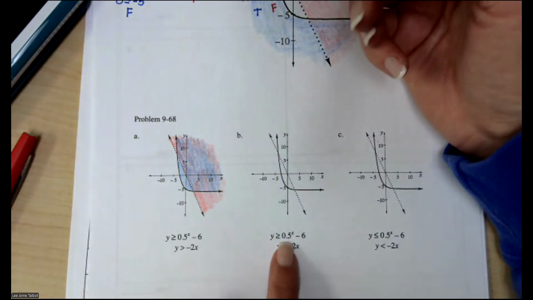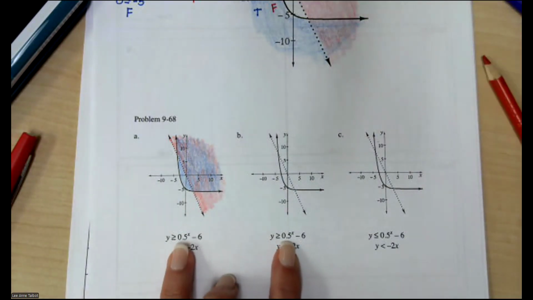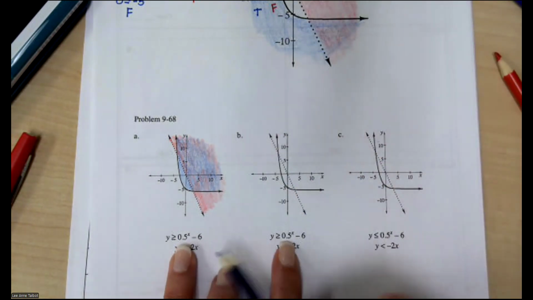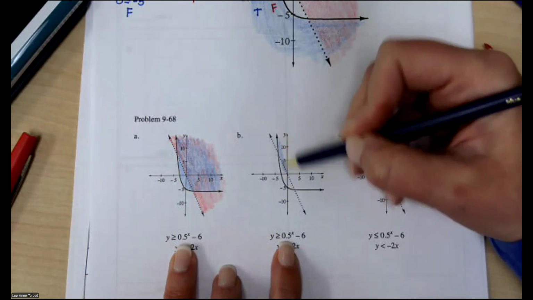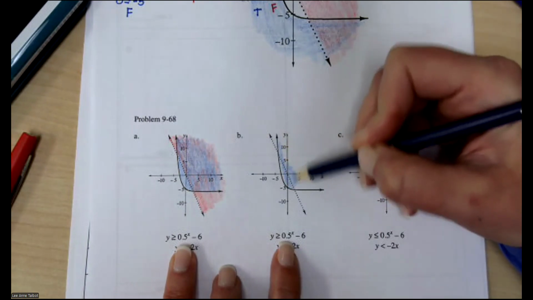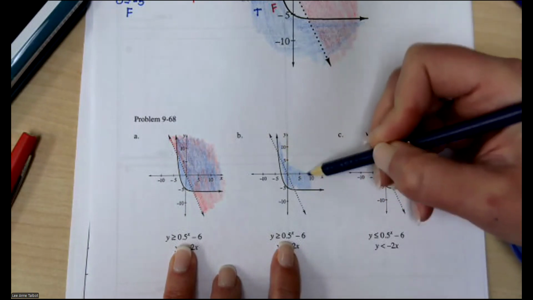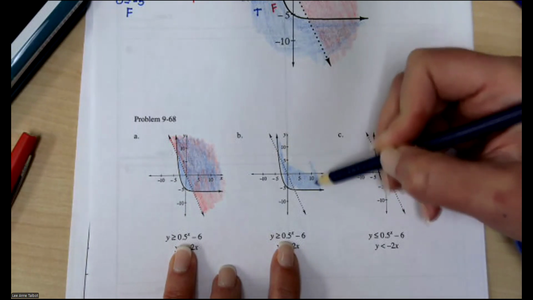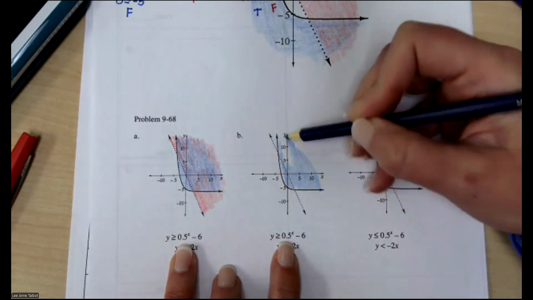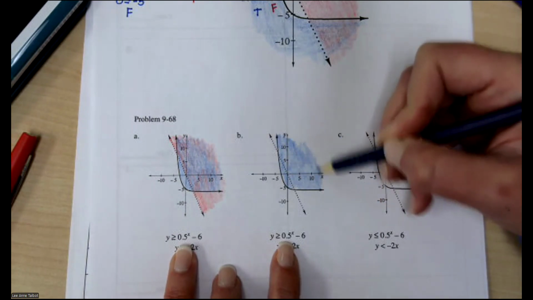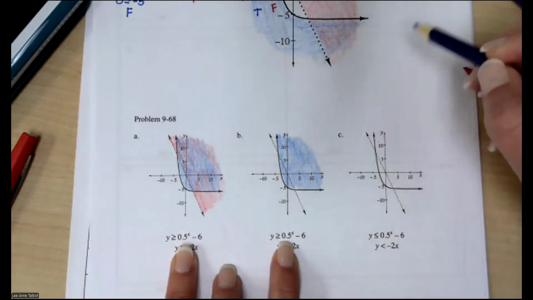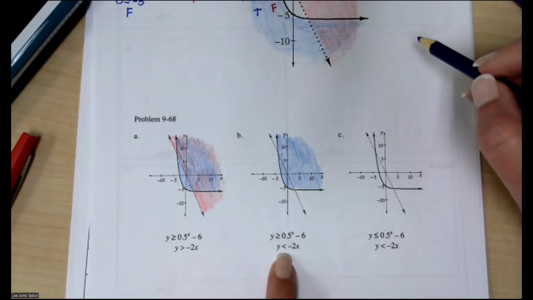Okay, now looking at B. These two are exactly the same, so these should have the same shading. Now what about this?